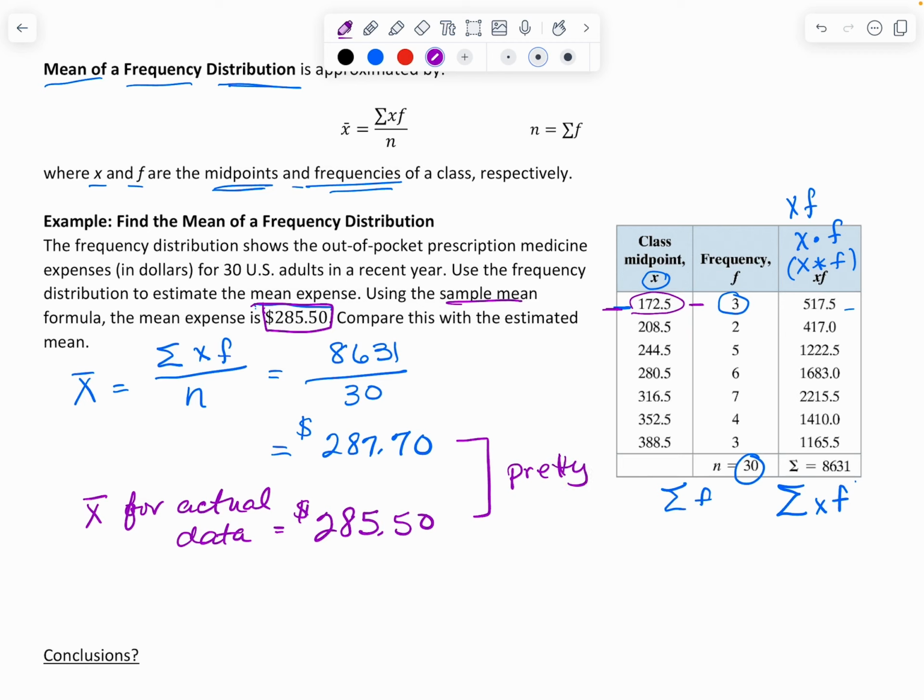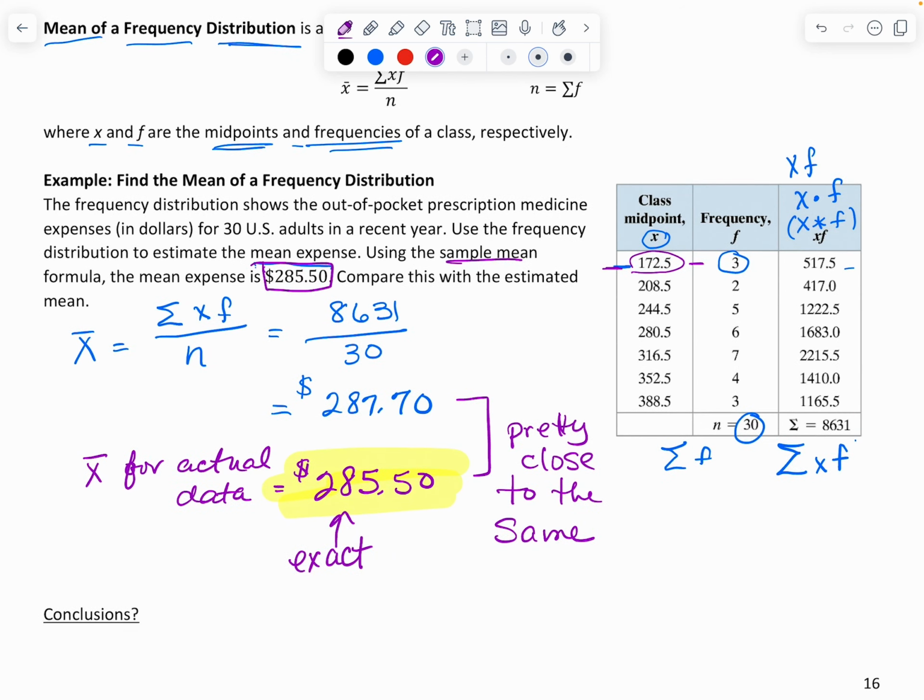So this is pretty close to the same. So it's not a bad way of doing it. If you had to really say something specific, then this 285 is a much better representation because it is exact. So this one is better because this is exact. But it's pretty close. And sometimes easier to use, especially if you don't have the original data.